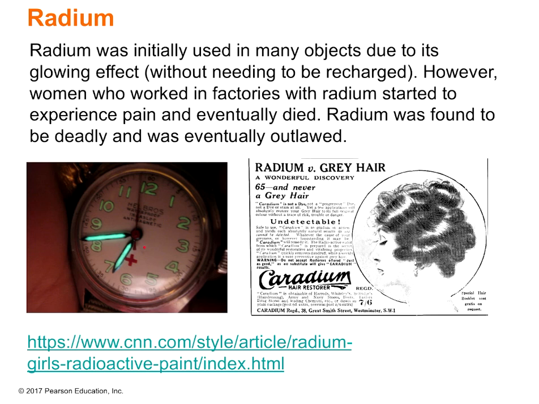So let's talk about radium a little bit. Radium has an interesting background. Radium was initially used in many different objects due to its glowing effect without needing to be recharged or exposed to sunlight. And it wasn't fully understood why radium did this. It was just thought to be magic.